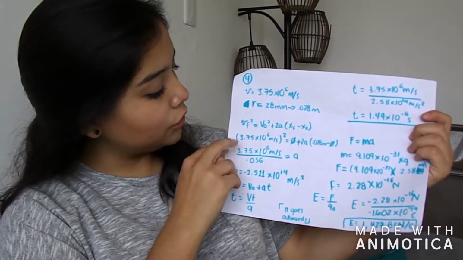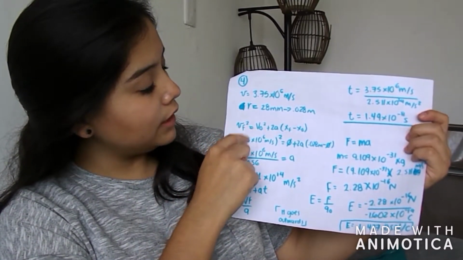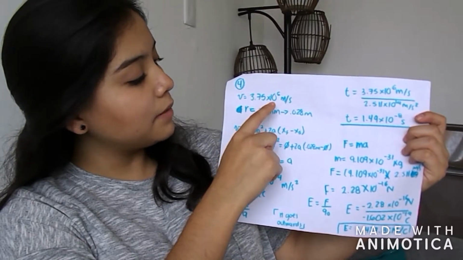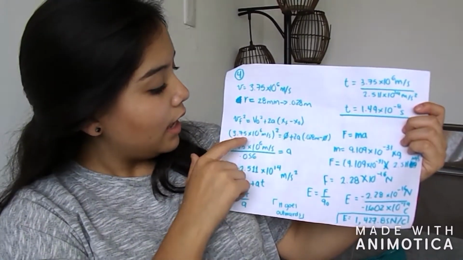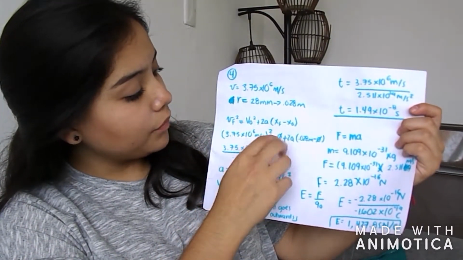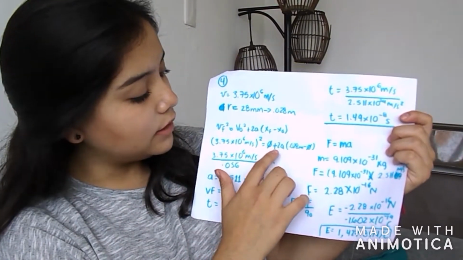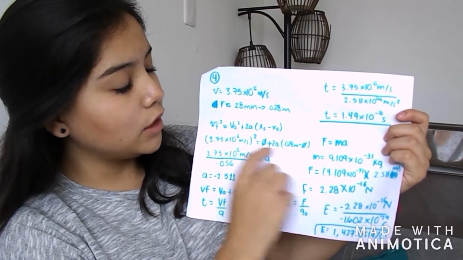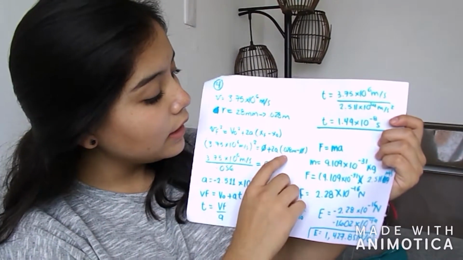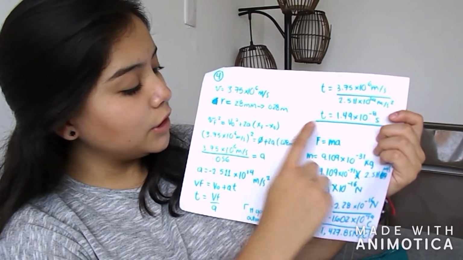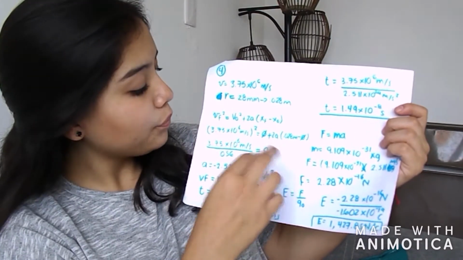Then we're going to substitute our values: the final velocity, that is 3.75 times 10 to the 6th, squared, the initial velocity, which is 0 because it starts at rest, the acceleration we don't change because we don't have it, then the final position and the initial position.